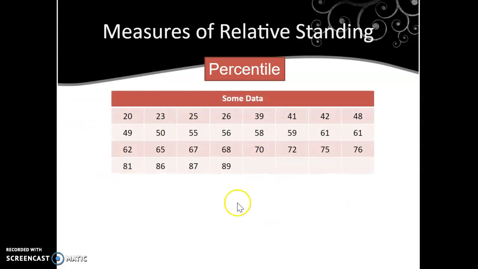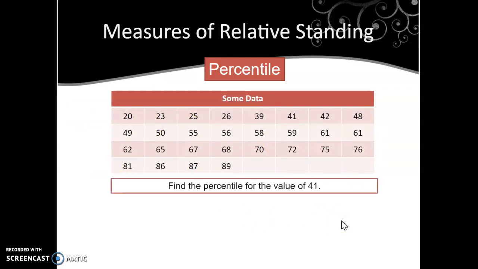Okay, so let's go back to that data set that we had before and say we want to find the percentile for the value of 41. So here's 41. There are 5 data points below 41. So our formula is 5, the number of data points less than 41, divided by 28, the total number in the data set, times 100.